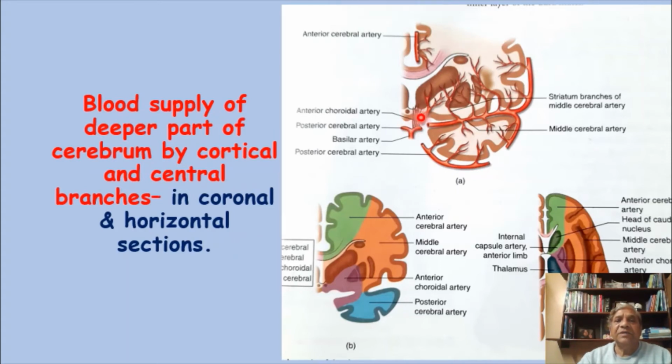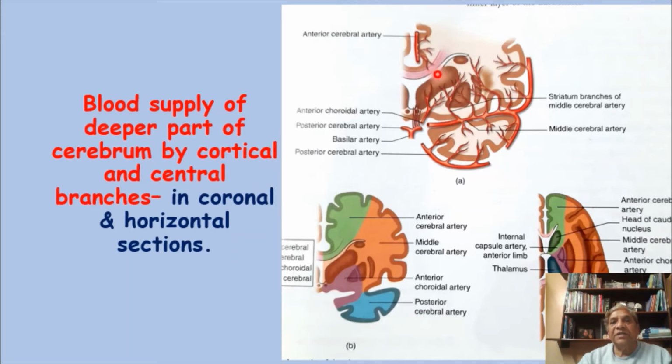For example, here is one of the branches, which is called the anterior choroidal artery, plus the posterior cerebral artery. Here they are sending the central branches, and here from the middle cerebral artery, these central branches are going deep.